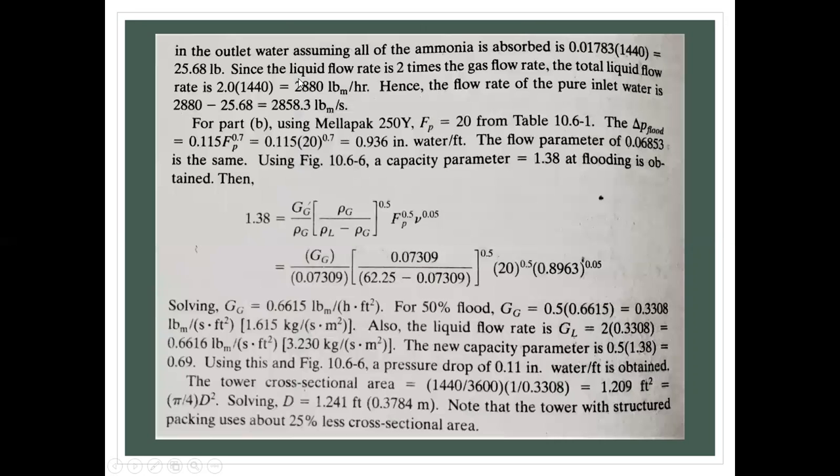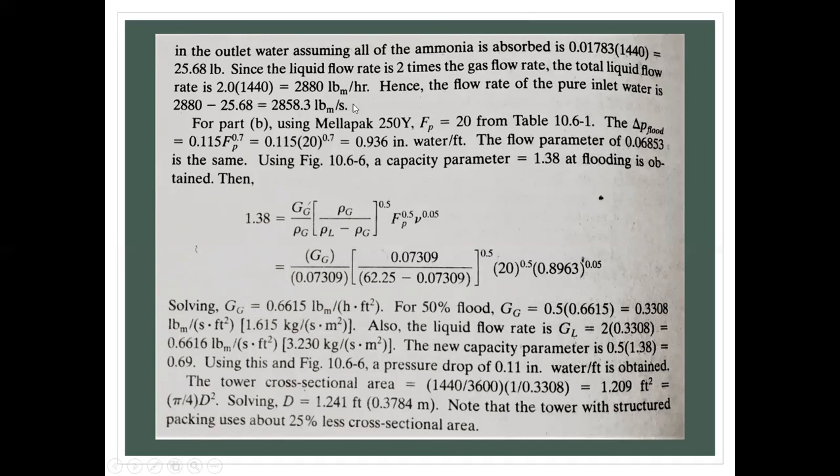So now we know that our liquid must be twice the original amount of feed that was processed. Hence, the flow rate of the pure inlet water is 2,880 minus 25.68, and that would be 2,858.3 pound mass per second.